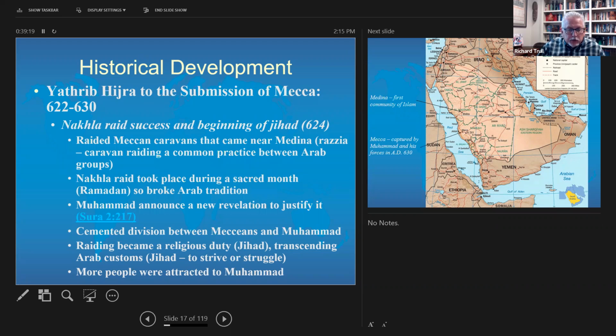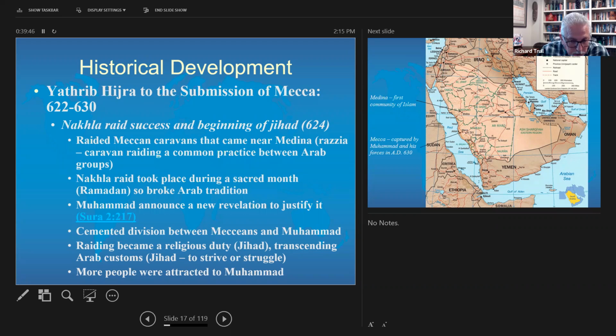Well, for most Muslims, they look at it as an internal struggle between good and evil within their life. Others do look at it in a political sense, and the radicals do see it as a fight against other people who are not Muslim to one degree or another. But it became a religious duty, transcending the Arab customs.